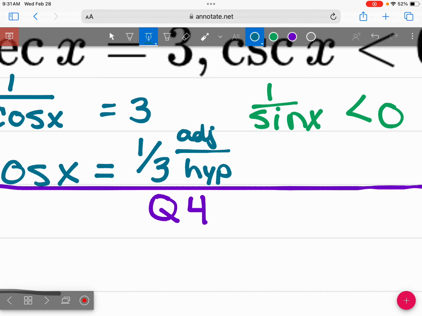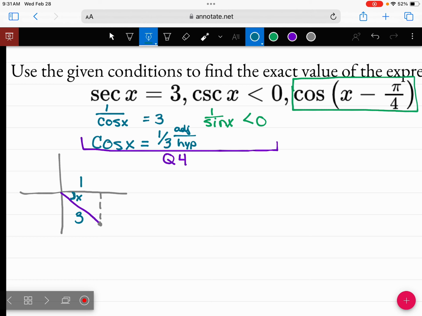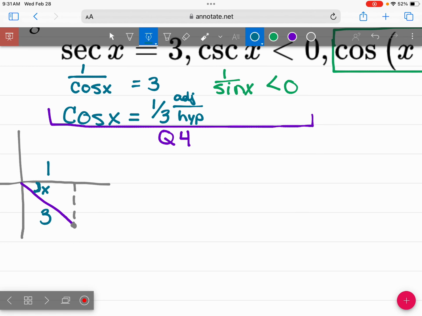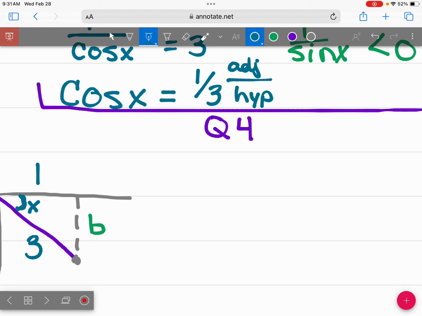So let's figure out our last leg. Let's figure out b. We can use the Pythagorean theorem again to figure that out.